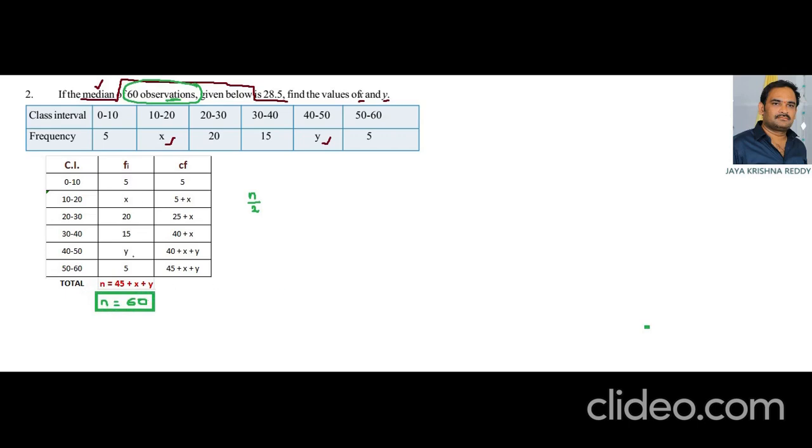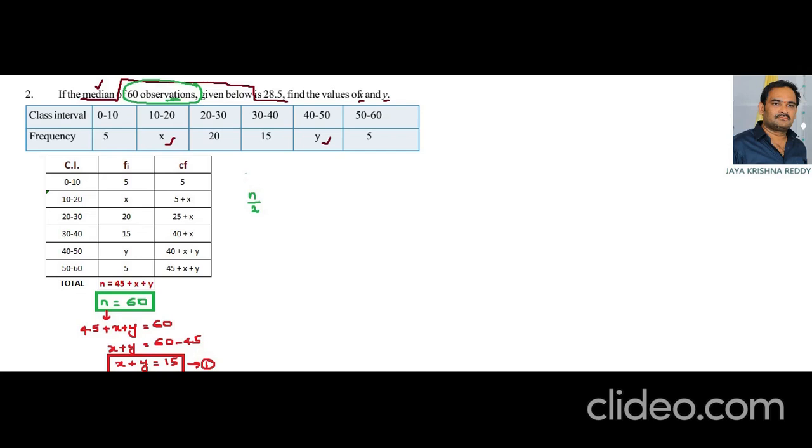But by adding the frequencies, we got n equals 45 plus x plus y. So we can write, in place of n, 45 plus x plus y equals 60, and transpose 45 to the right side, so we get x plus y equals 60, and 45 becomes minus 45. So finally x plus y is equal to 60 minus 45, which is 15. Consider this as equation 1.